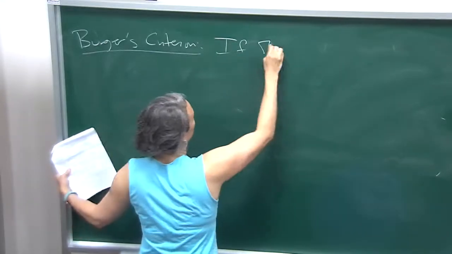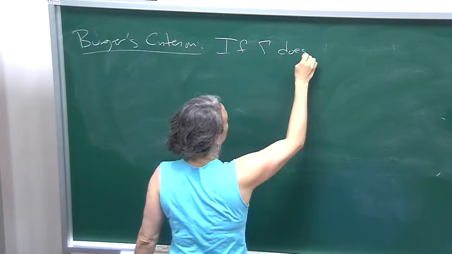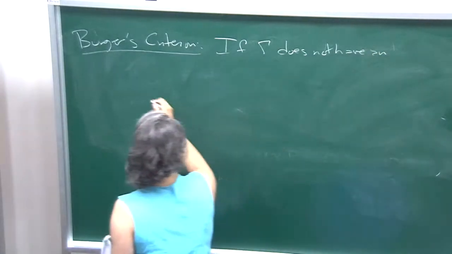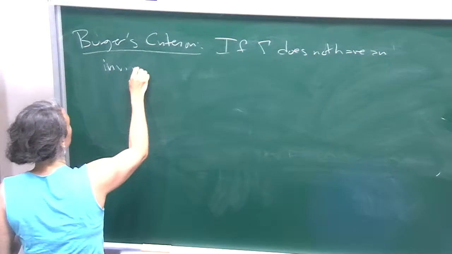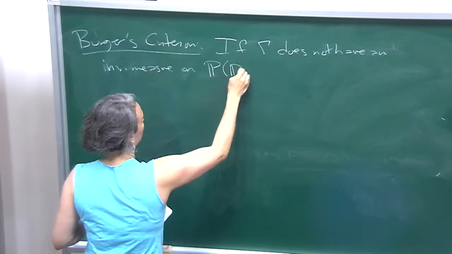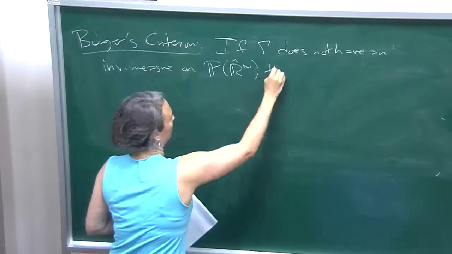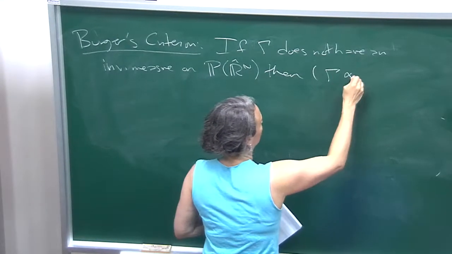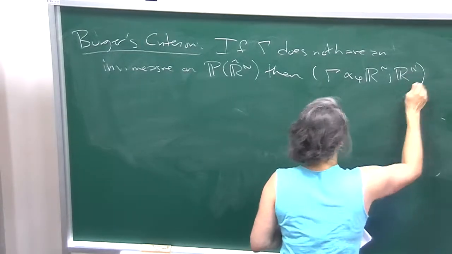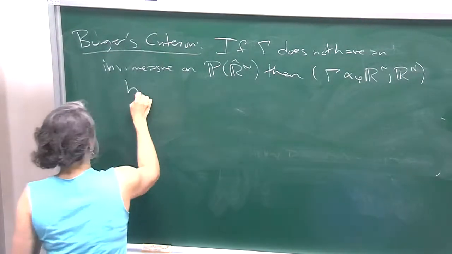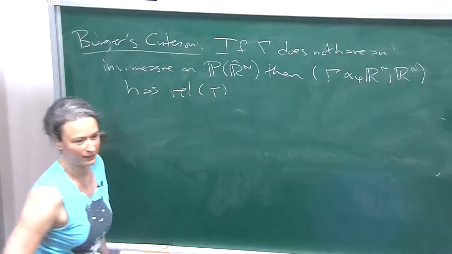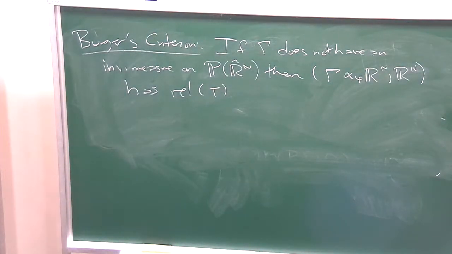If gamma does not have an invariant measure on the dual projective space P(R^n), then gamma semidirect product R^n has relative property T, right? That was our objective.